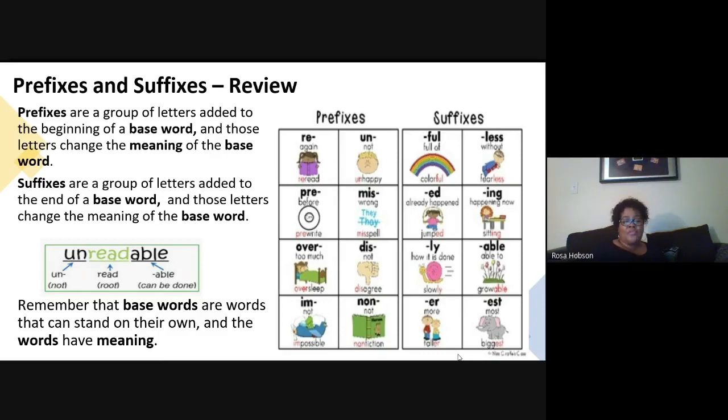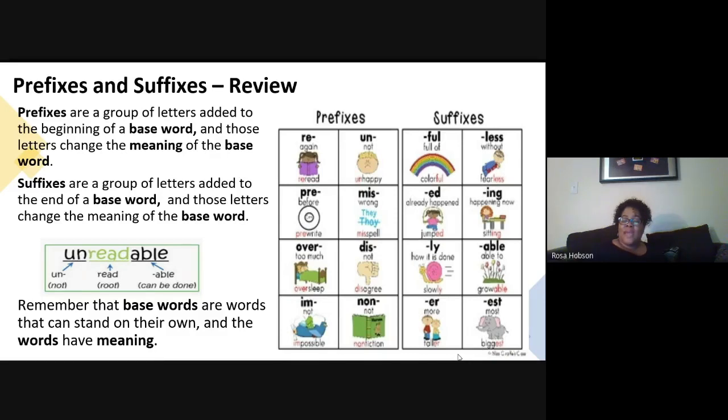Suffixes are a group of letters added to the end of a base word, and those letters change the meaning of the base word. And here we have some suffixes. F-U-L, full of, is the meaning, as in colorful. L-E-S-S, less, means without, as in fearless.